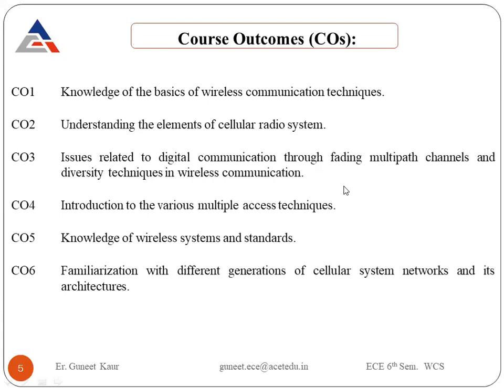And you know that we are using 4G, fourth generation, in our mobiles, and we will learn the architecture in this subject also. Okay, so these were some of the course outcomes of the subject, wireless communication system.